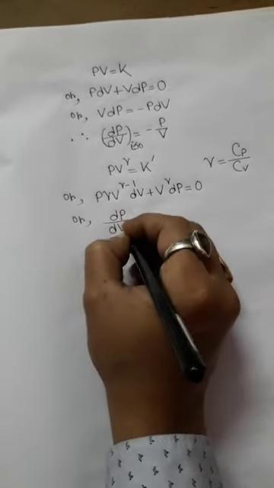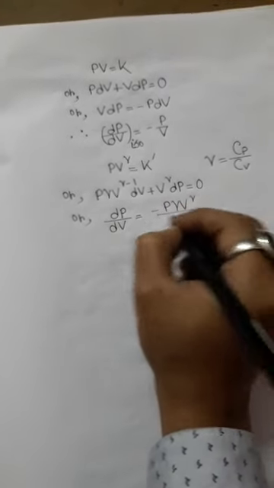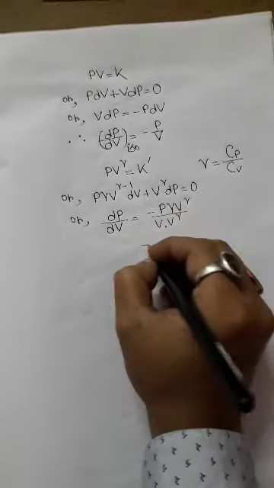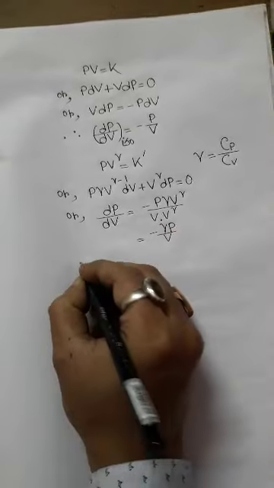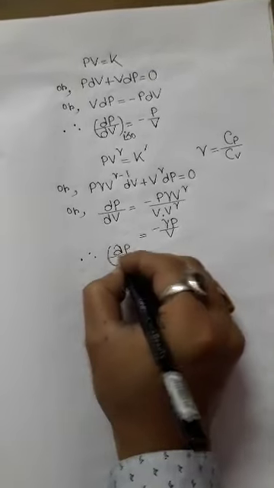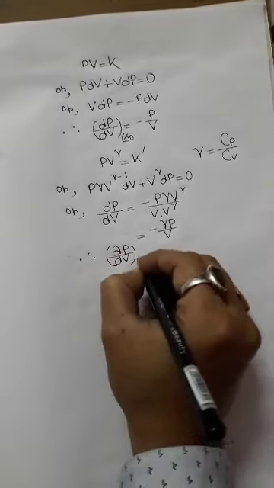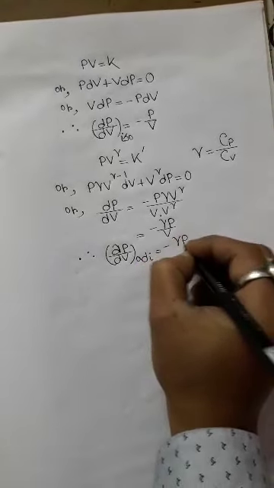So from here dP/dV is equal to minus P gamma V to the power gamma minus 1 by V to the power gamma, which means minus gamma P by V. This is the slope of the adiabatic curve: dP/dV adiabatic is equal to minus gamma P by V.